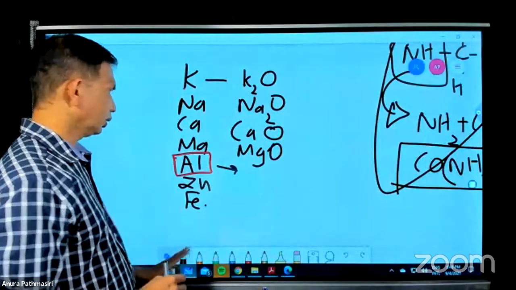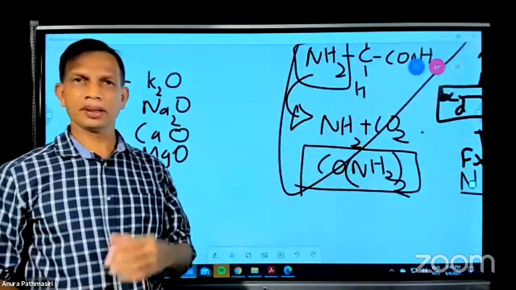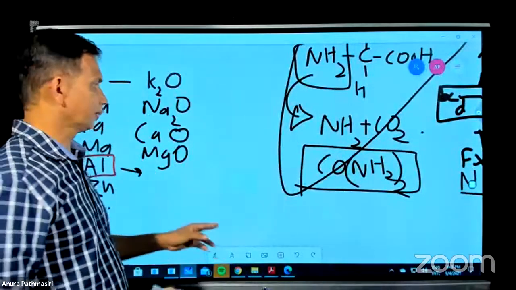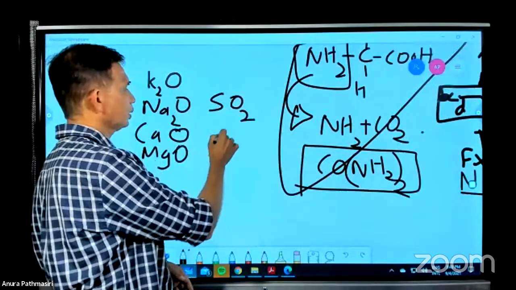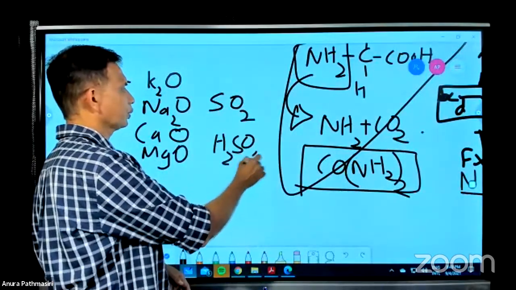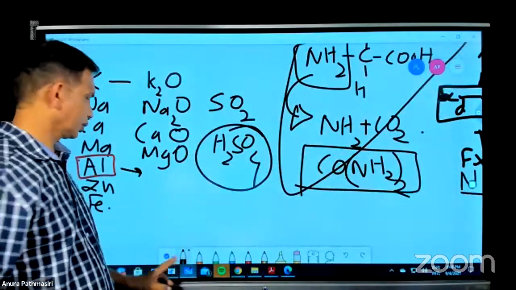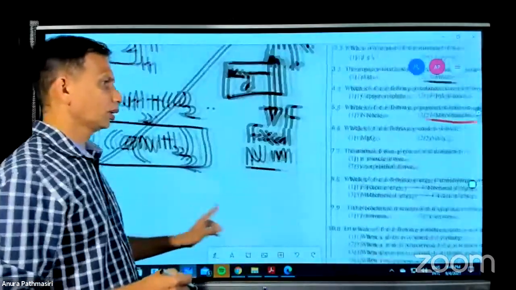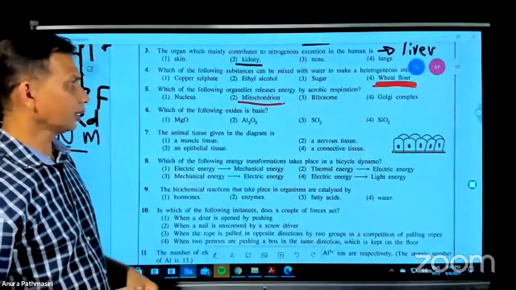The basic oxides are given by the metallic elements. If you say sulfur, sulfur dioxide, H2SO4, you can see that they are acidic. They make acidic solution.